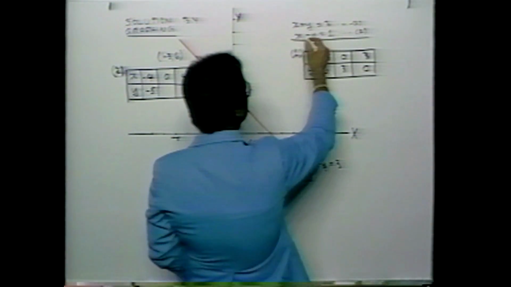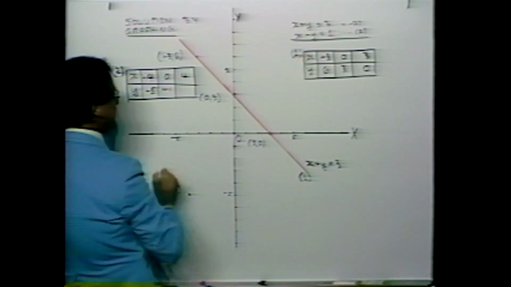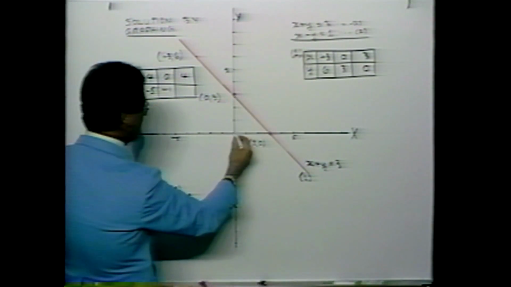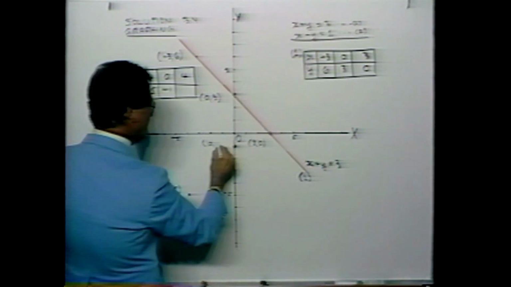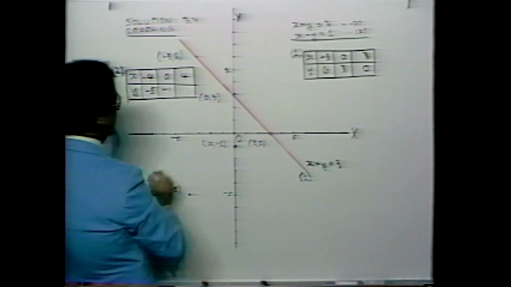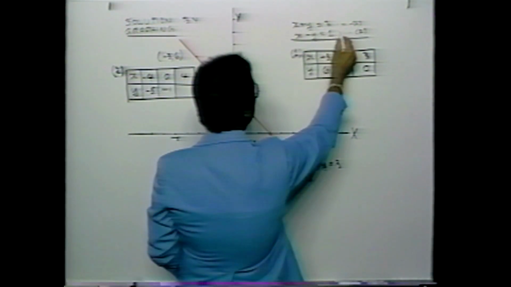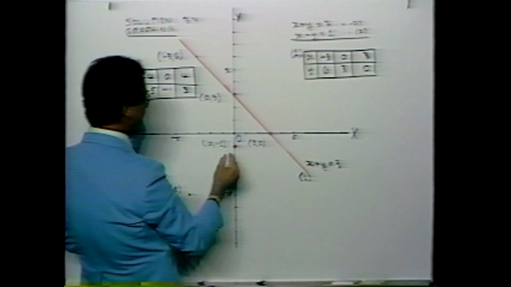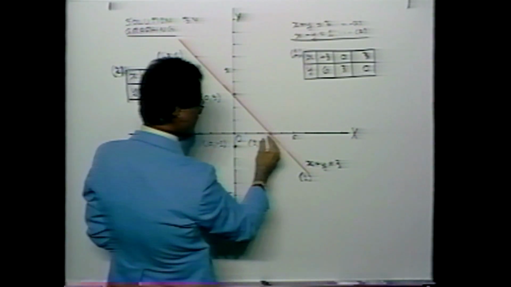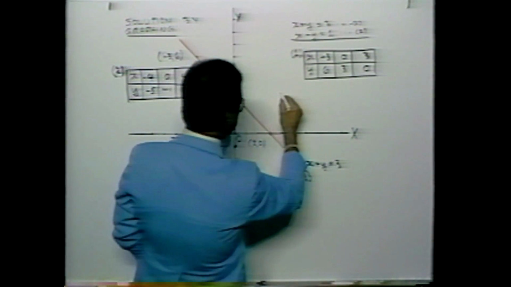For 0, if x is 0, then you have minus y equal to 1, or y equal to negative 1. 0, negative 1 is over here. And finally, if x is 4, we end up with 1 minus 4 on the right, which is minus 3. Minus y equals minus 3, or y equals positive 3. So 4 comma 3 is located here for 4 and up here for 3.